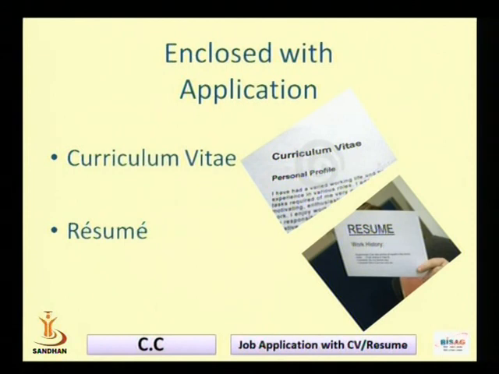Right from the time I started my presentation, I have used an acronym CV. But what does it stand for? The full form of CV is curriculum vitae. This is not an English word. It is a Latin word, which when translated into English means the course of my life.